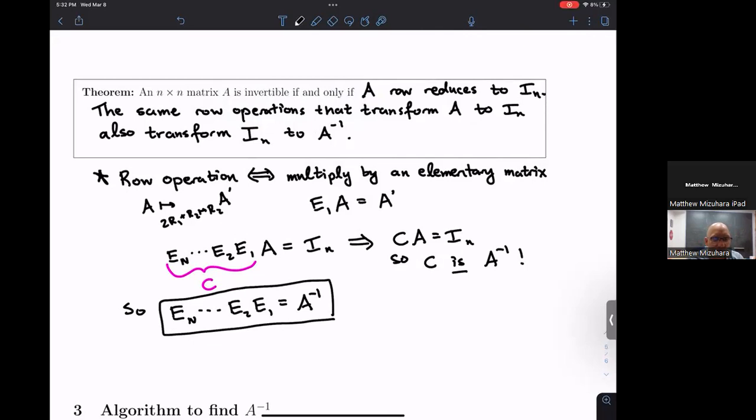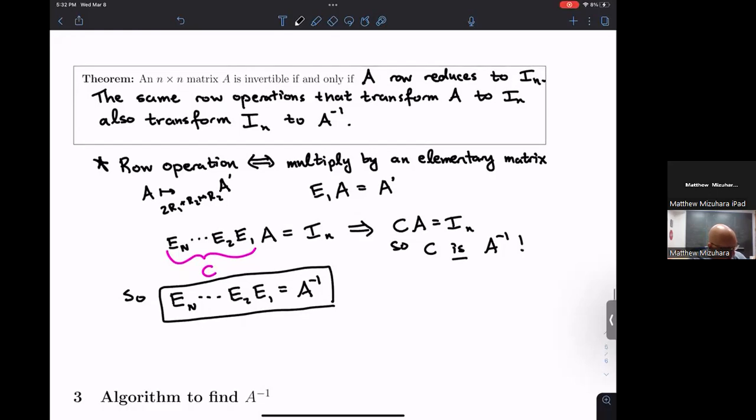The same elementary row operations transform the identity to A inverse. Well, it's because it's nice to think about it that way, because I can just add a little identity right in front here. And of course, that doesn't actually change anything. That equation that I just boxed off and this equation are exactly the same, aren't they? Because adding an identity matrix doesn't change anything.